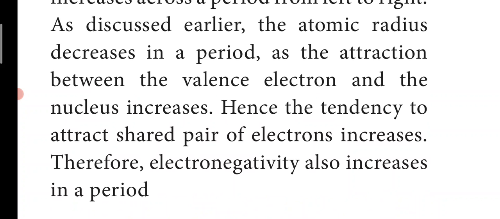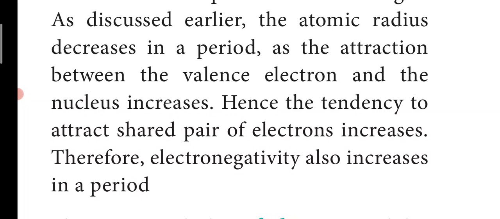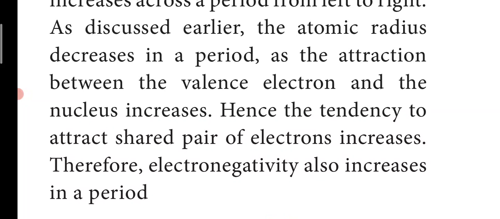As the size decreases, what happens to the effective nuclear charge? Effective nuclear charge is also increasing, as the size decreases, because the electrons are in good contact with the nucleus. If the outermost electrons are in good contact with the nucleus, is it possible to remove them easily?